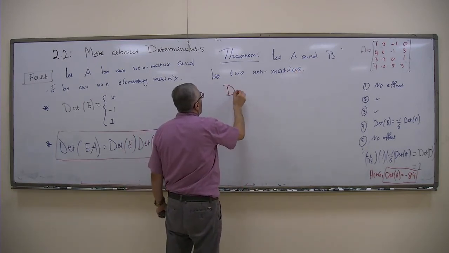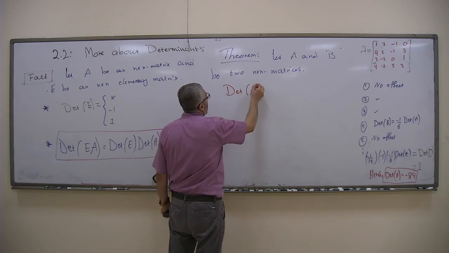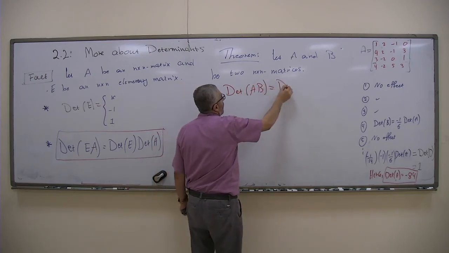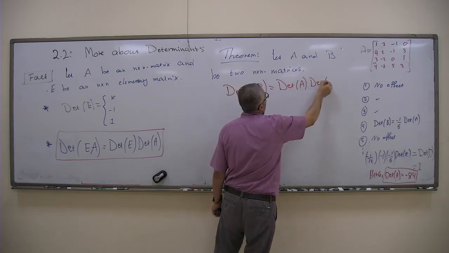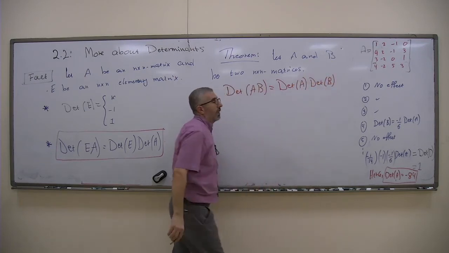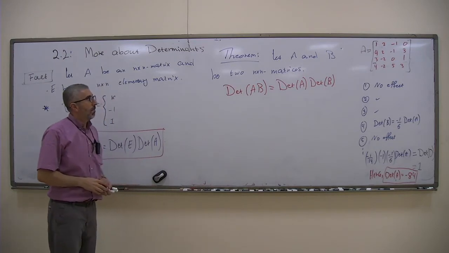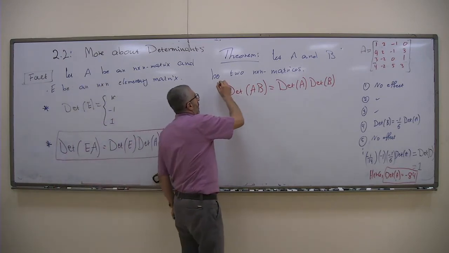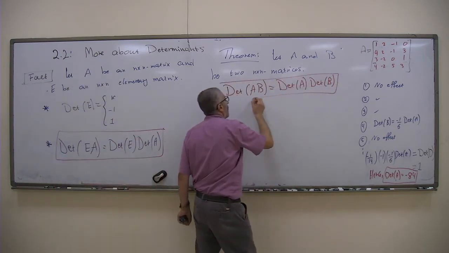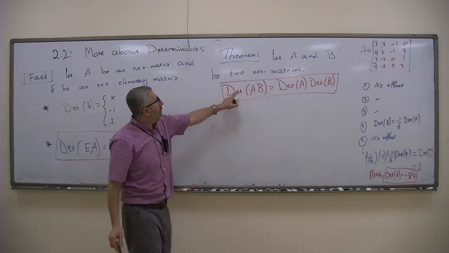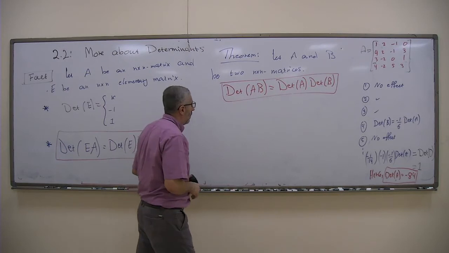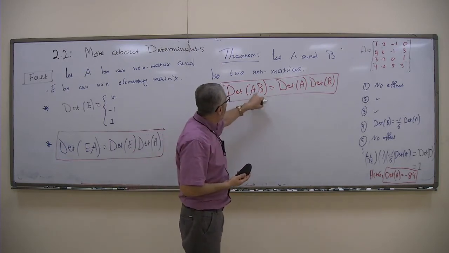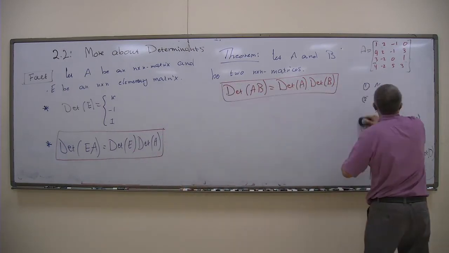Determinant of AB is the same as determinant of A, determinant of B. That's a very nice fact. The determinant of the product is the product of the determinants.